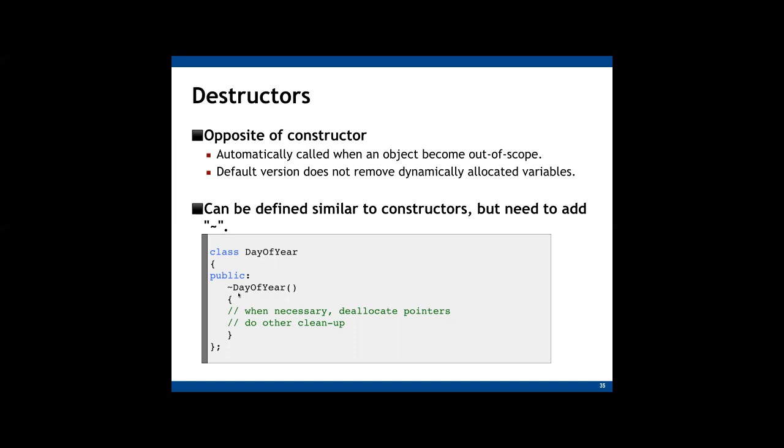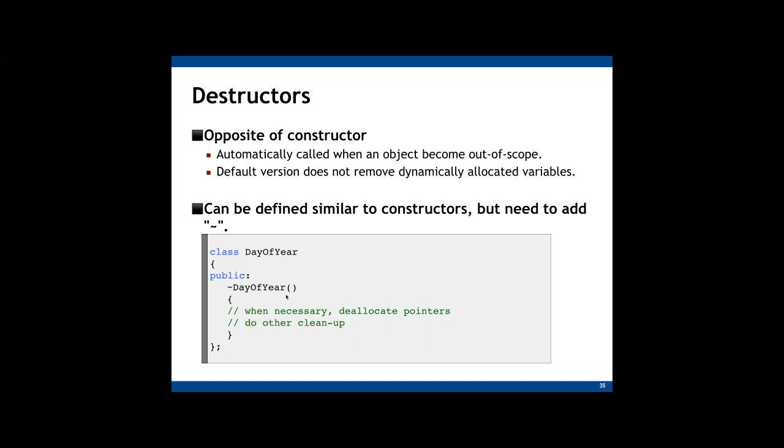So this is the Destructor. The Destructor does not have parameters, and it has the same name as the class, like a constructor, but preceded by a tilde. And only one Destructor is allowed in the class definition. Same as a constructor, if we do not define a Destructor, a default Destructor will be automatically generated by the C++ compiler.